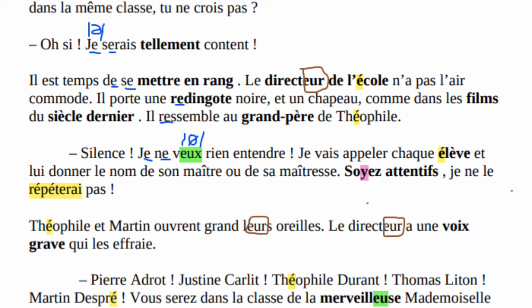For our élève, can we see the accent aigu? So that's why we have the A sound, élève. And the second accent that we are seeing is the accent grave, which gives the sound A. So we have élève. Can we hear the sound? Et lui donner le nom de son maître ou de sa maîtresse.